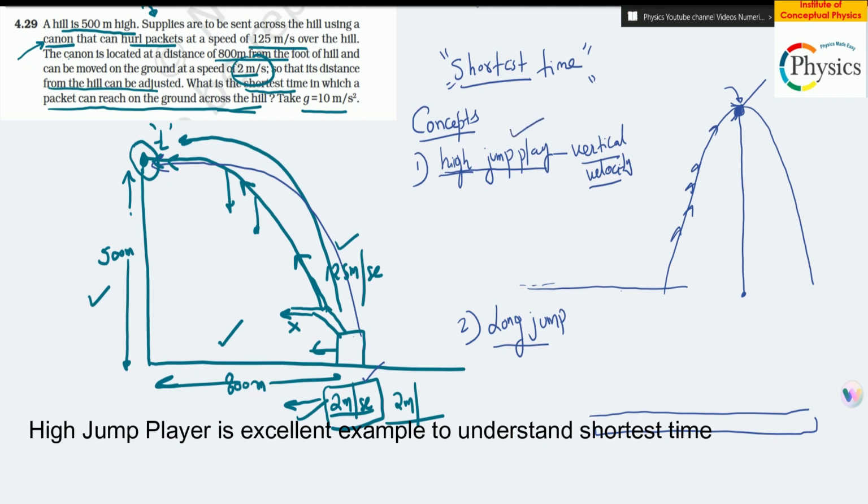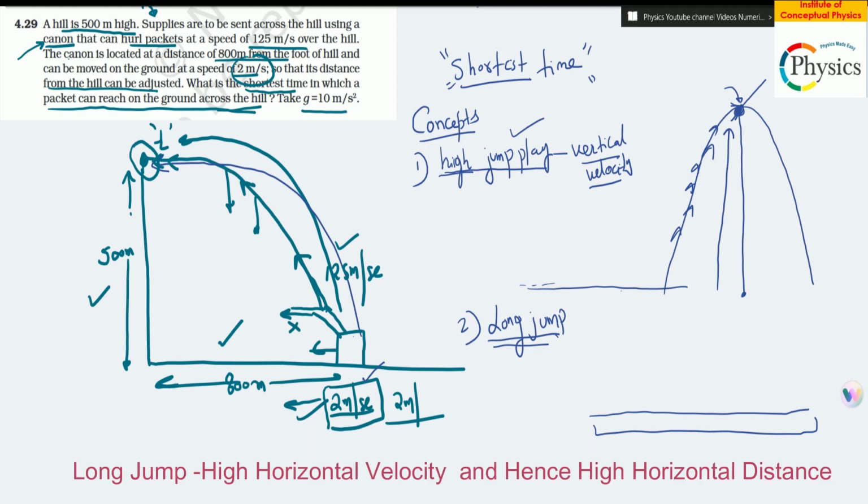The high jump player wants to go up as high as possible. If you talk about somebody who does a long jump, what they want is to go the longest horizontally. So when they leave the ground, their emphasis is not height, but horizontal. So they want to keep their horizontal velocity very high.